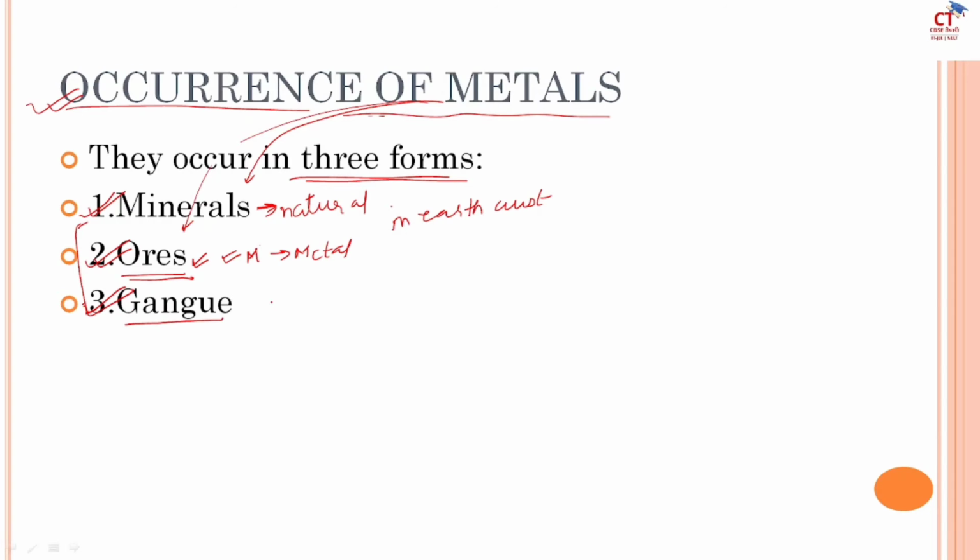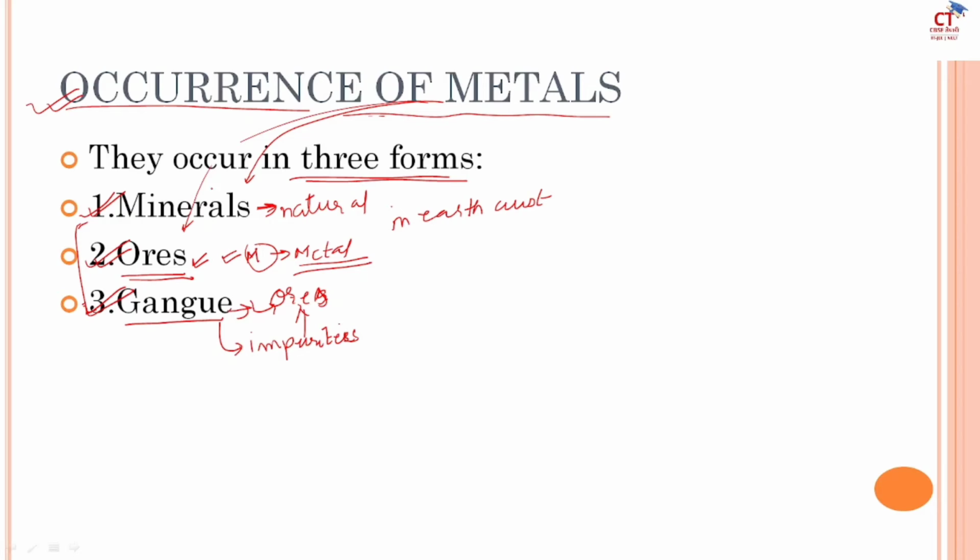What is gangue? Gangue is basically impurities that are present in an ore.